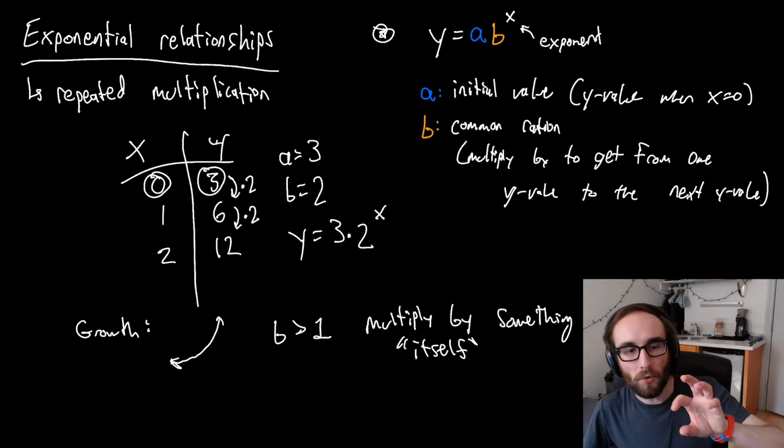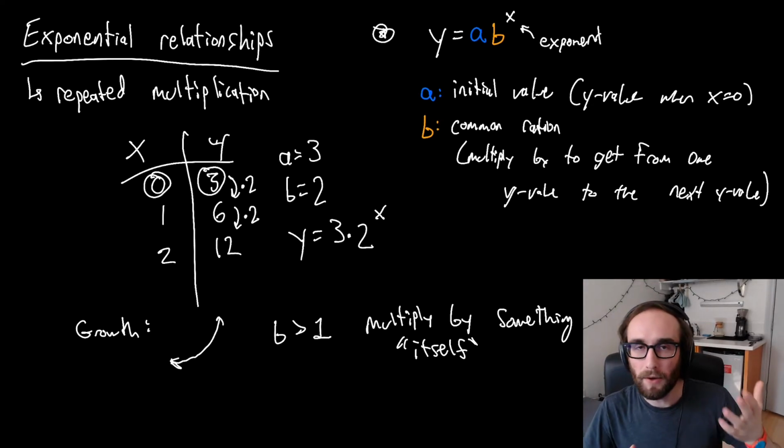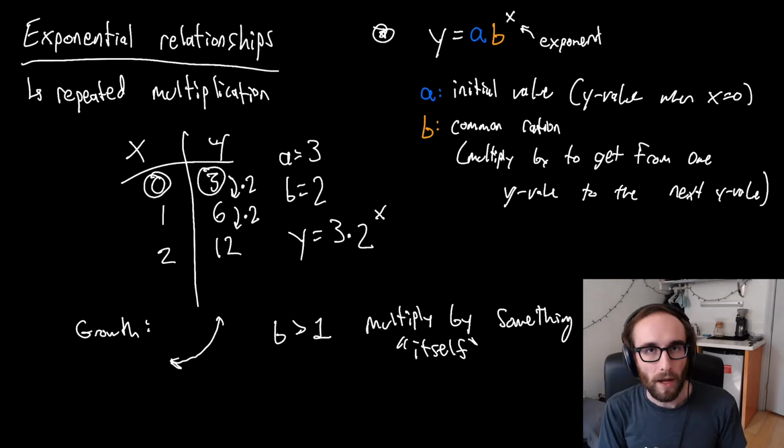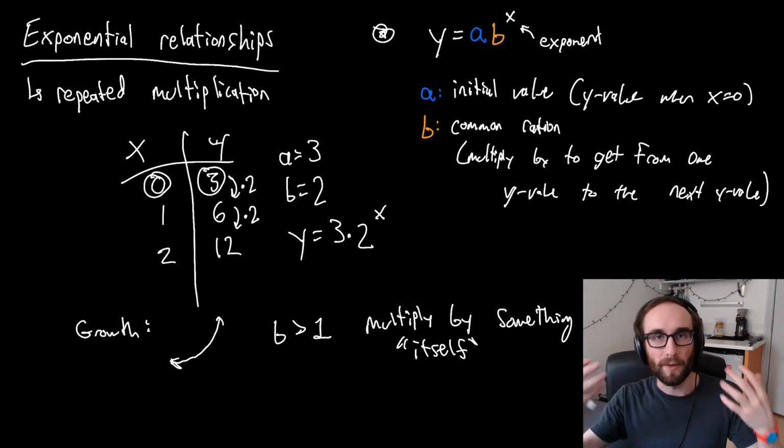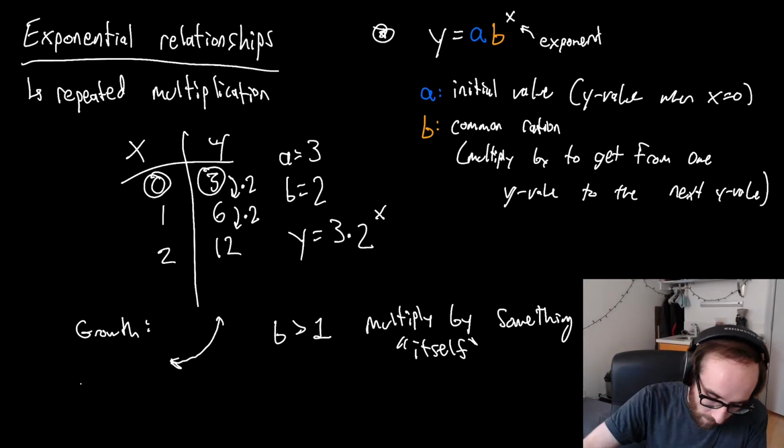If we multiply by 1, our y value doesn't change, it's just itself again. If we multiply by something greater than 1, we're multiplying by something greater than itself, so it's going to grow and grow and grow, and so on.